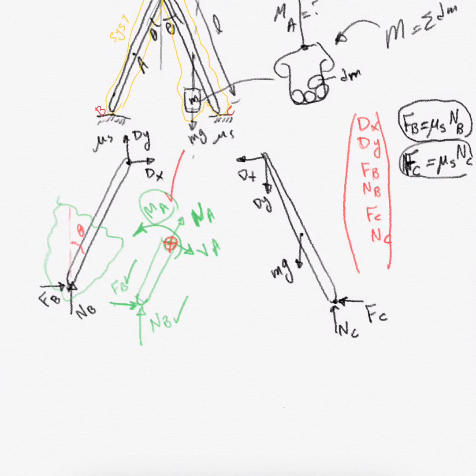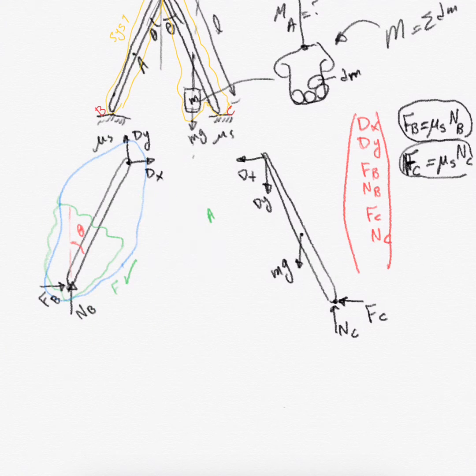So in that case, if I find dx, dy, then I can simply consider this system on the left, system 1, and get FB and NB. Once I have FB and NB, then I have this part, then I can immediately get MA. So that's the plan. Before you start solving the problem, you have to have some sort of planning.